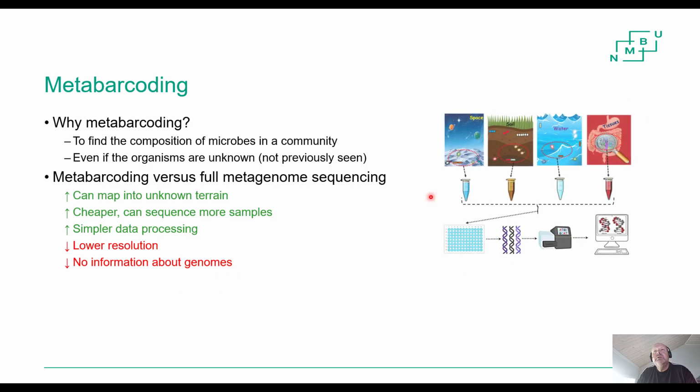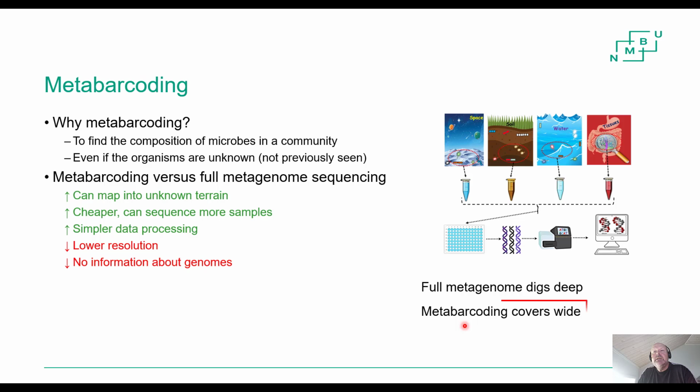So, if you remember this figure from another lecture, we sample metagenomes, or microbial communities, in all kinds of locations and even within ourselves. We do the sample preparation and so on, extract DNA, sequence and do bioinformatics. This applies to all kinds of metagenomics, you could say. For full metagenome sequencing, we dig very deep, but for metabarcoding, we instead cover wide.